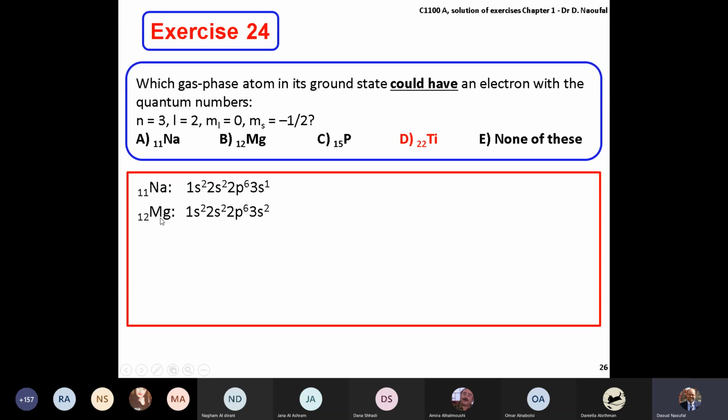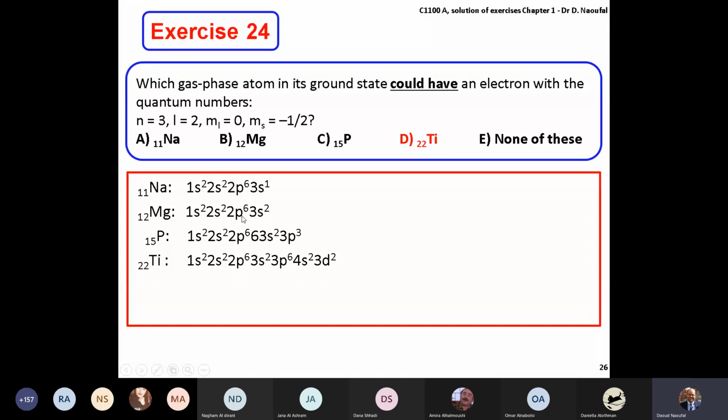Magnesium, 12 electrons: 1s2, 2s2, 2p6, 3s2. Phosphorus, 15 electrons: 1s2, 2s2, 2p6, 3s2, 3p3. This was an error in typing. And titanium: 1s2, 2s2, 2p6, 3s2, 3p6, 4s2, 3d2.